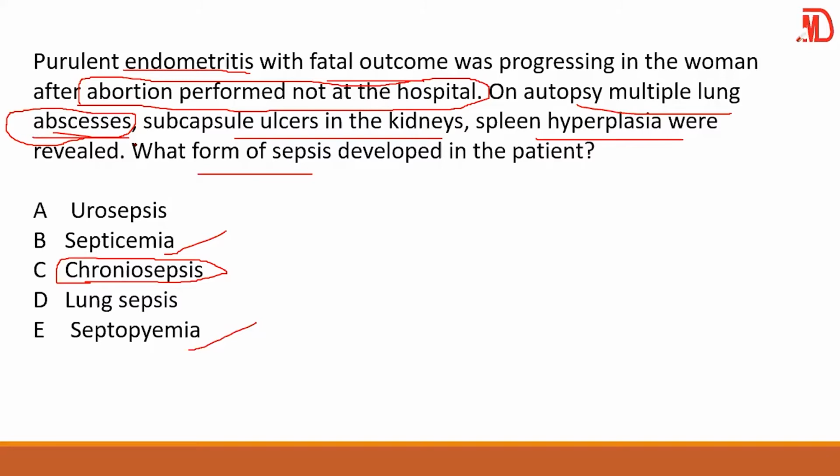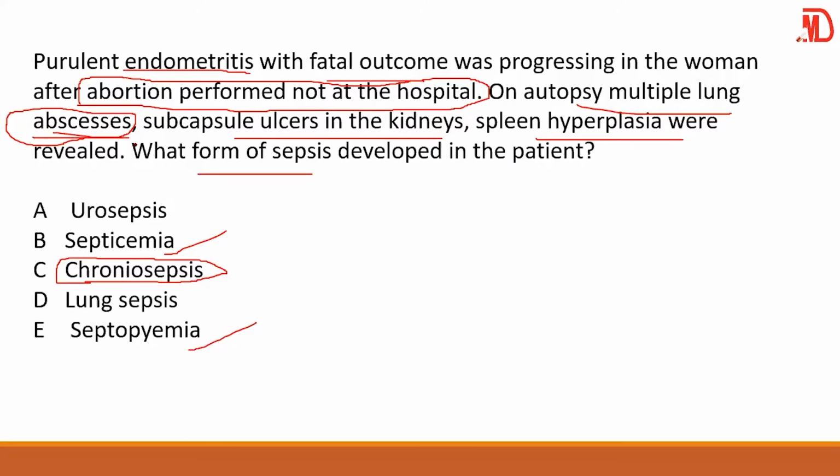You might think of metastasis as something only cancers undergo. In other words, it moves from one place and goes to another place. That is a metastatic nature. So when we talk about pyemia, we are talking about a type of septicemia that can lead to widespread abscesses of metastatic nature.